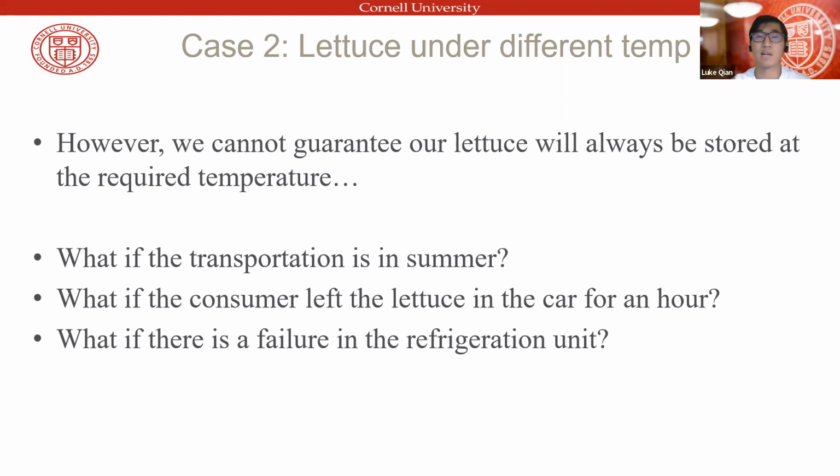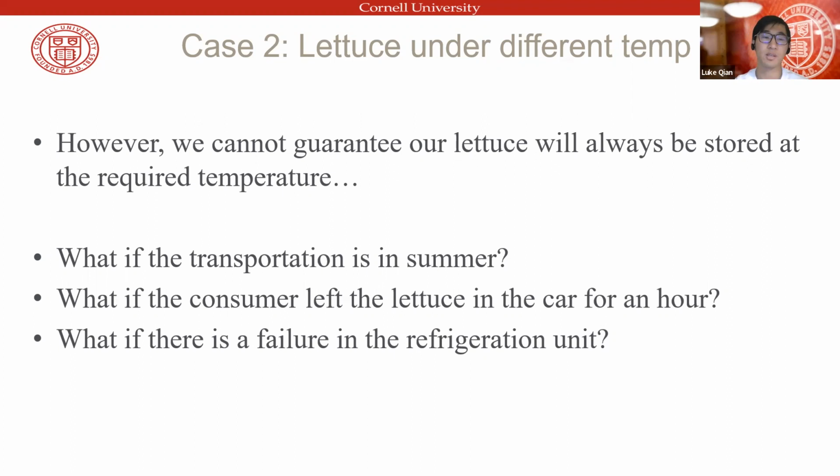This is very relevant to our practical example because we cannot guarantee our lettuce will always be stored at the required temperature. For example, what if the transportation is in summer and the cooling system of the truck is not reliable? What if the consumer left the lettuce in a car for an hour because he or she is driving a long way from a supermarket to home?